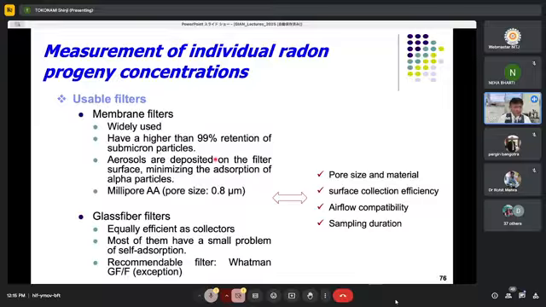Aerosols are deposited on the filter surface, minimizing the adsorption of alpha particles. In the case of glass fiber filters, they are equally efficient as collectors, but most of them have a small problem with self-adsorption.